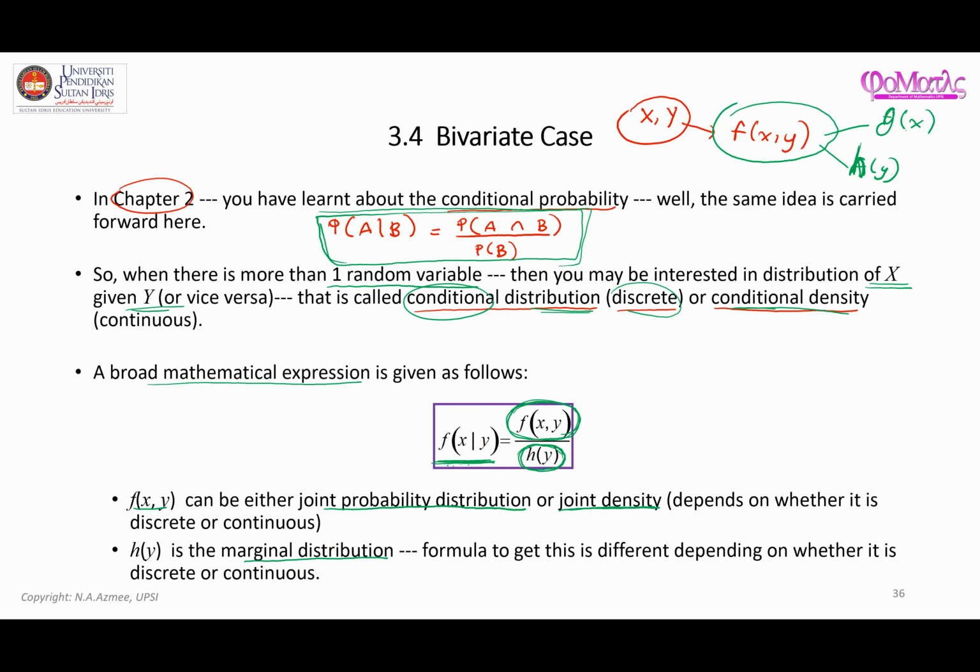The formula to get the marginal distribution or marginal density has already been covered in the previous video. In this video, I'm going to give an example of finding the conditional distribution for the discrete case, and in the next video I will talk about an example of the continuous case.